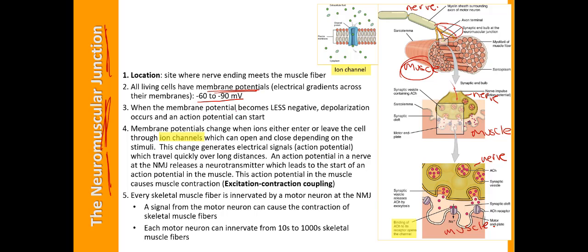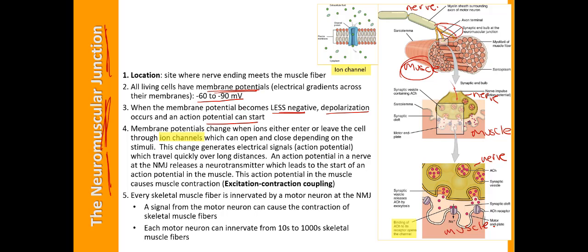When the membrane potential becomes less negative, so goes towards zero, then this thing called depolarization occurs. And when depolarization reaches a certain point, an action potential can start. And the action potential is the one that then leads to contraction in the skeletal muscle.